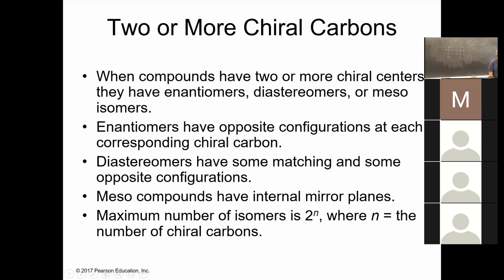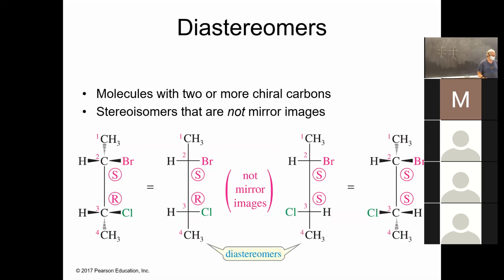All right, so when compounds have two or more chiral centers, then they have enantiomers, diastereomers, or meso isomers. Okay, let's go back just a minute here. These are diastereomers, and each one of these has a mirror image, which is non-superimposable.